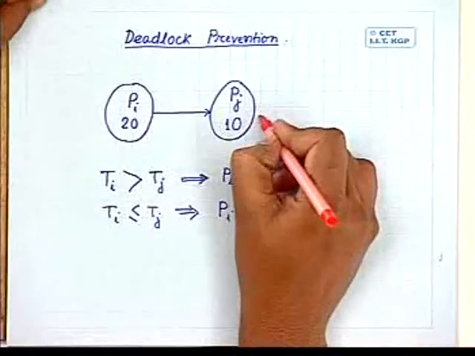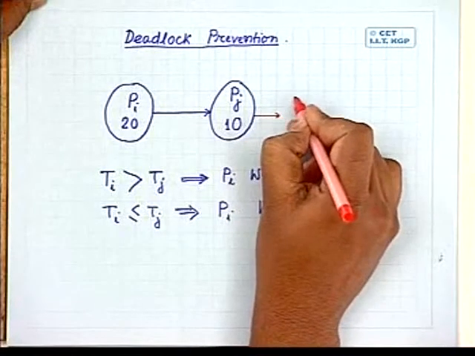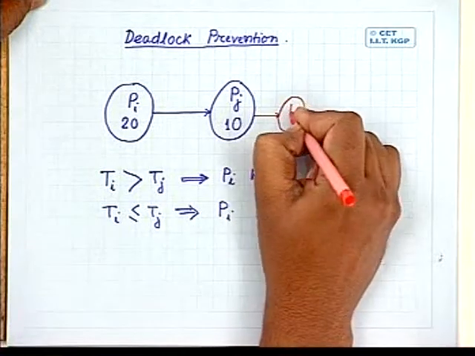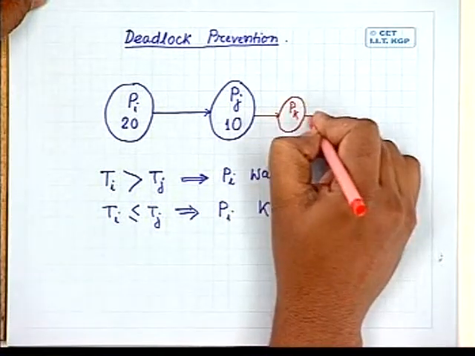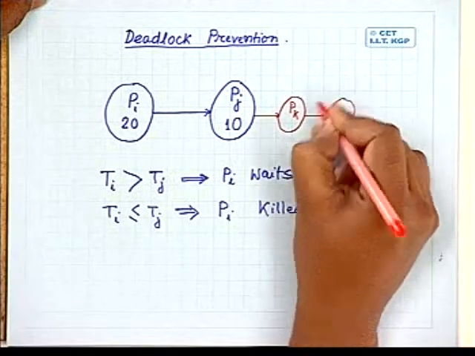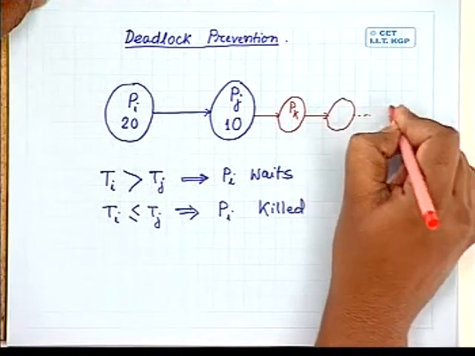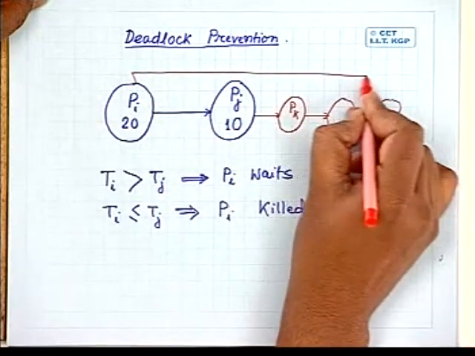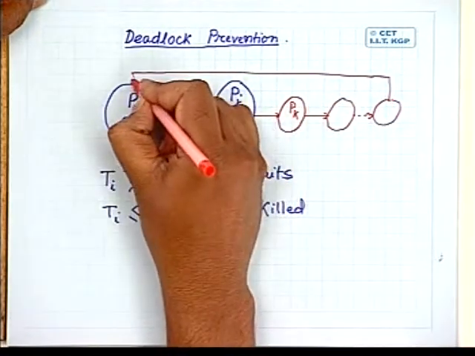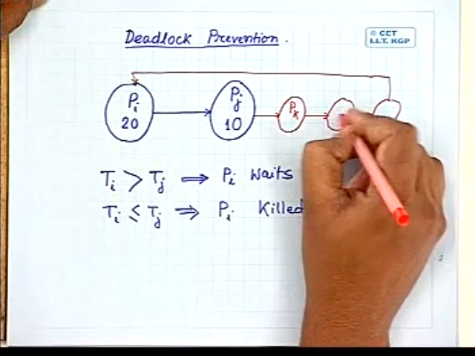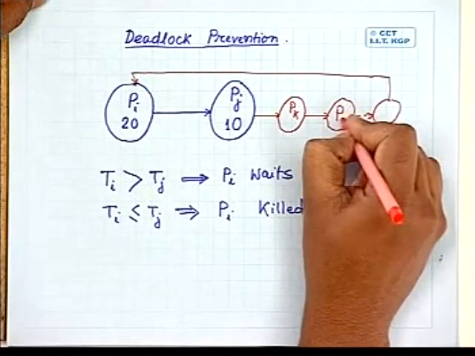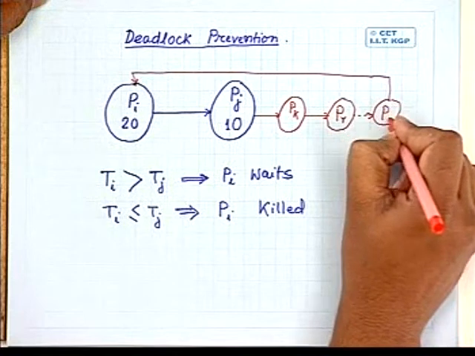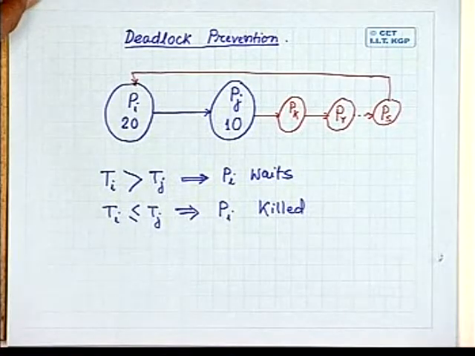Because I can have a circular wait condition if the situation is like this. There is a process Pk, and so on.